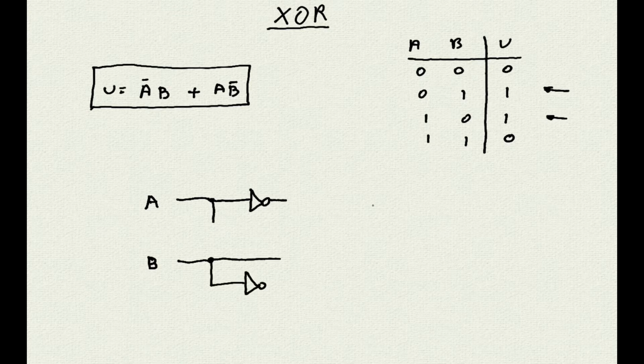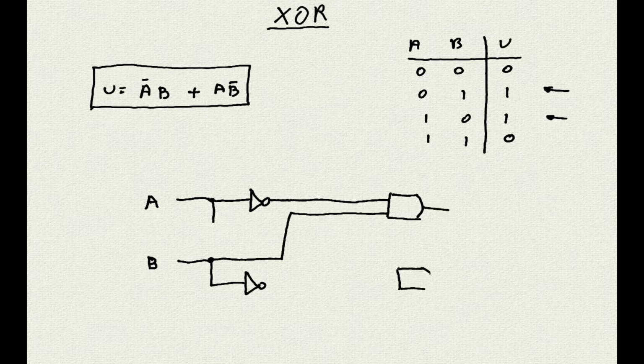And now let's draw an AND gate, which represents the first AND in the Boolean expression. The inputs of this gate need to be not A and B, and so we draw the corresponding wires in the schematic. We will do the same with the second part of the Boolean expression, and so we will use another AND gate, which will have as its inputs A and not B.